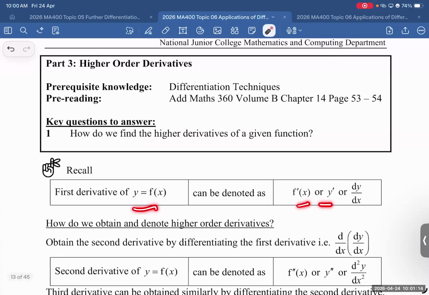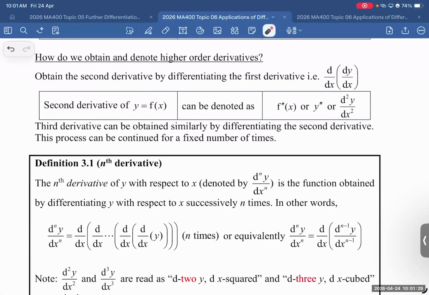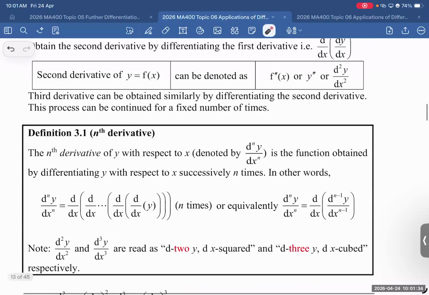I want you to say it properly: d2y dx squared, d3y dx cubed. Say it properly next time. Don't say d3y dx3 or d2y dx cubed. For d2y, on top is 2, below is squared.